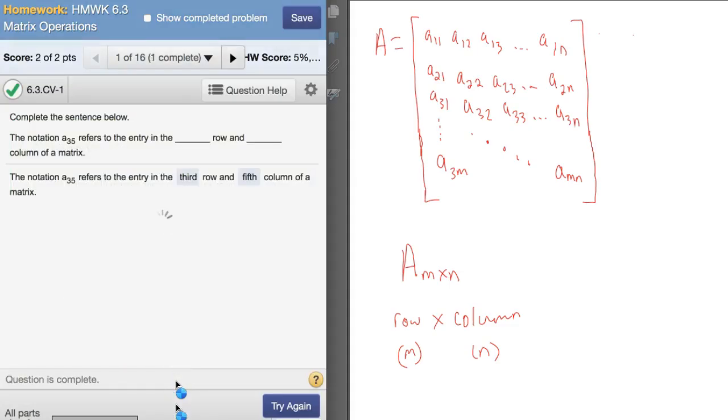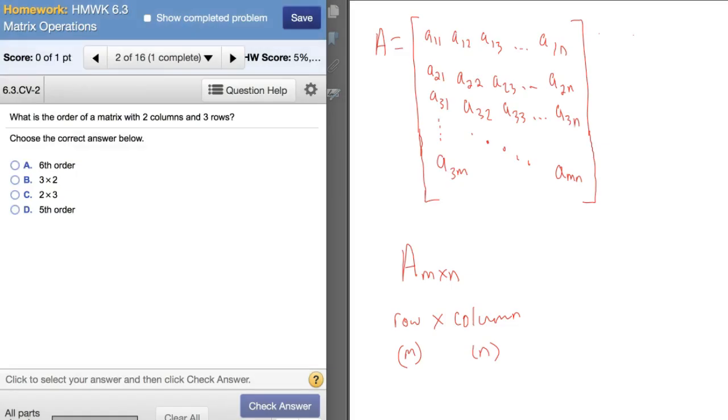Moving on to the next question. The next question is, what is the order of a matrix with 2 columns and 3 rows? The order of the matrix is just its size. Again, we look at it as row by column.